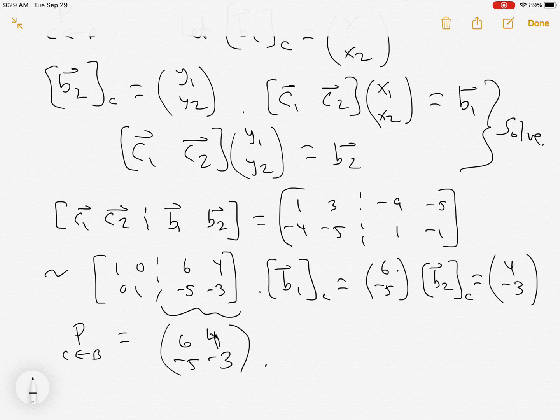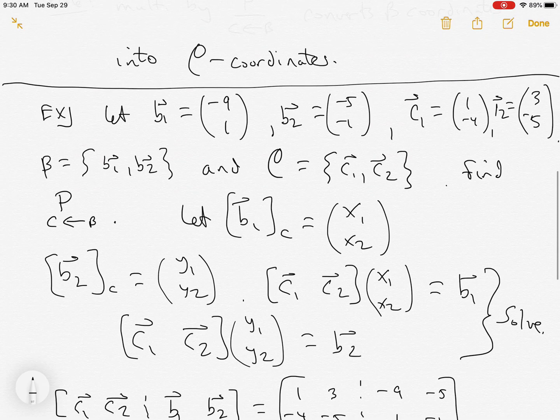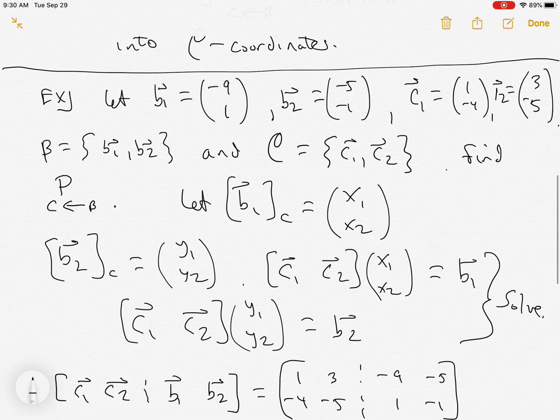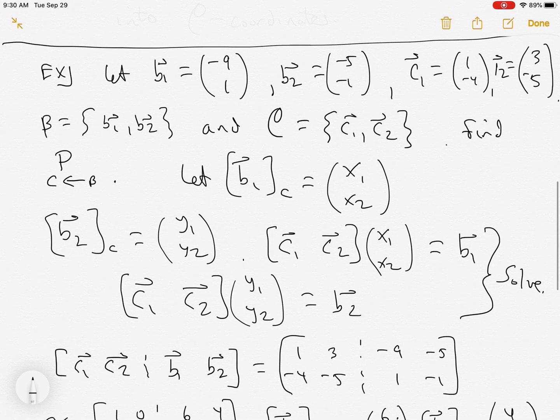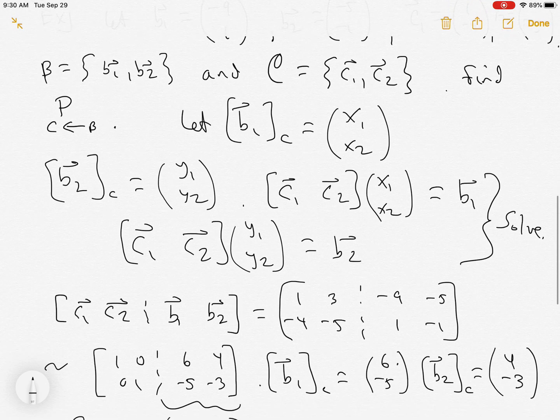All right, we can also go the other way with it. Which isn't too much different, but instead you have the matrix P inverse, and now you switch. It goes from B to C, and you multiply on the left by P inverse.